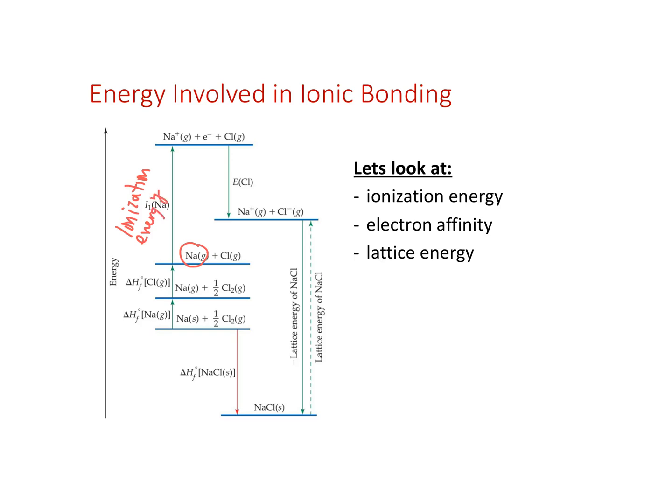I remove that electron from sodium, forming sodium plus 1. Here's my electron affinity of chlorine. I give that electron to chlorine, forming chloride. That's exothermic, so that brings me down in energy.